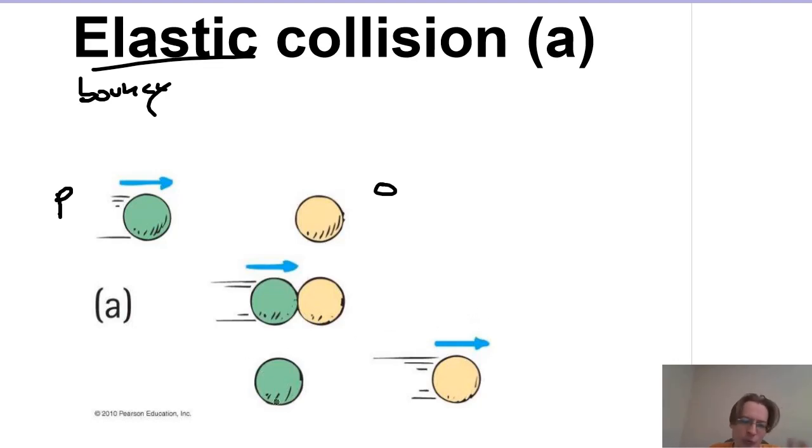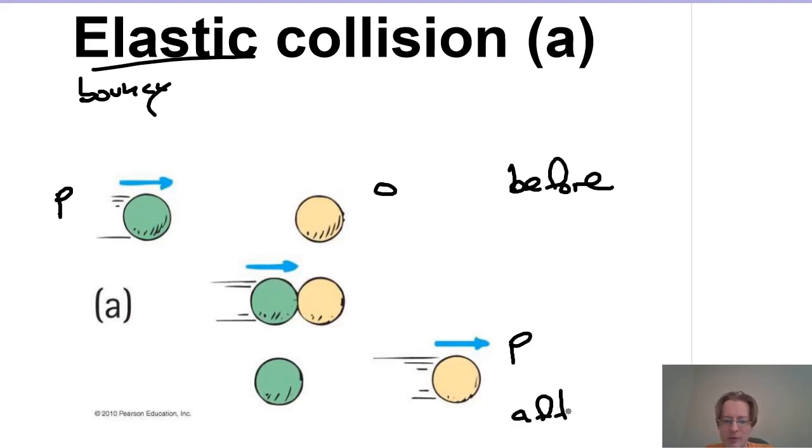The green ball loses its momentum, and the yellow ball gains the exact same amount. The before amount of momentum is the same as what it is after the impact. That's how we can see evidence for momentum conservation during the elastic collision.